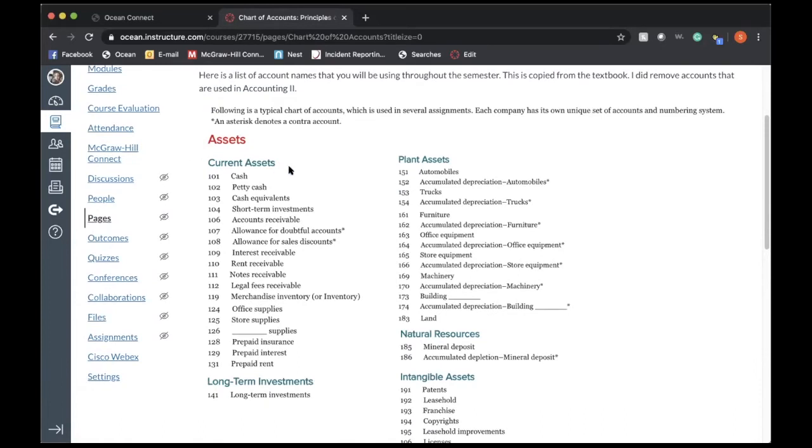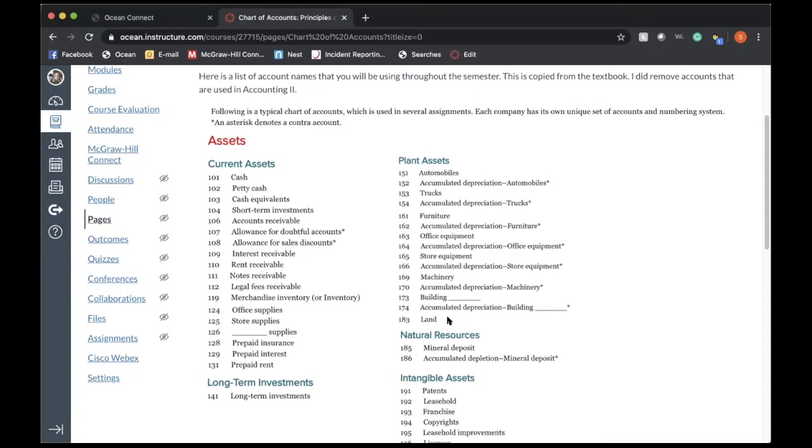To begin with, some of the ones that we're going to use starting off in the first few chapters would be cash. Here's your accounts receivable that I was just talking about. We have supplies. Here's our bigger items such as automobiles, trucks, furniture, equipment, machinery, building, land. The rest of these we're not going to use quite yet.